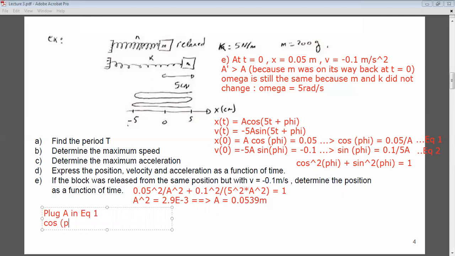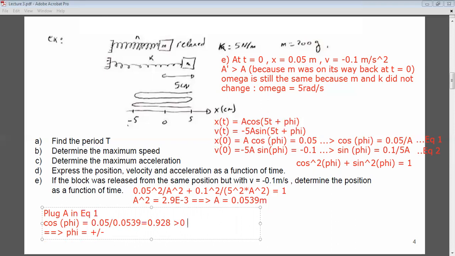I get cosine phi equals 0.05 over A, which is 0.0539, which implies phi is equal to plus or minus. Here you have to remember that cosine theta equals cosine of minus theta. So this is equal to 0.928.